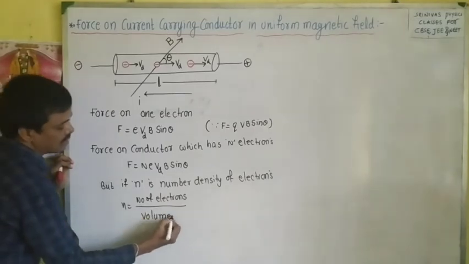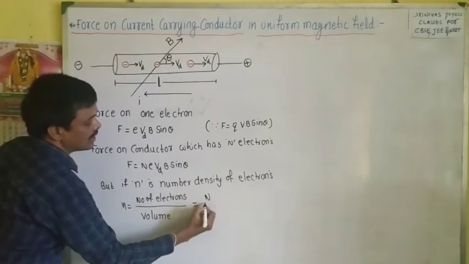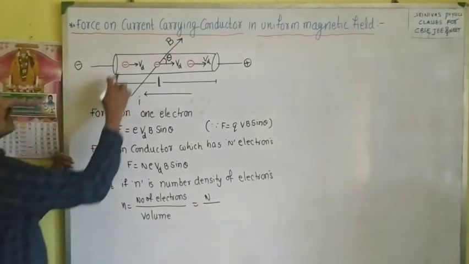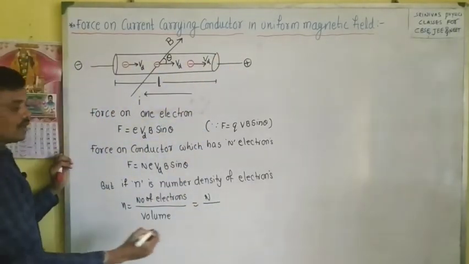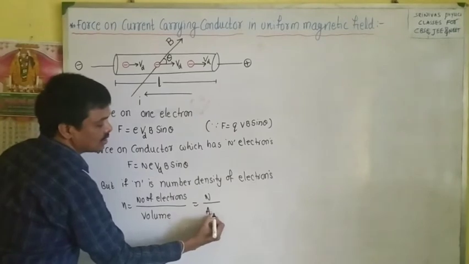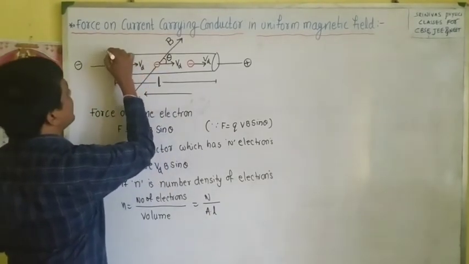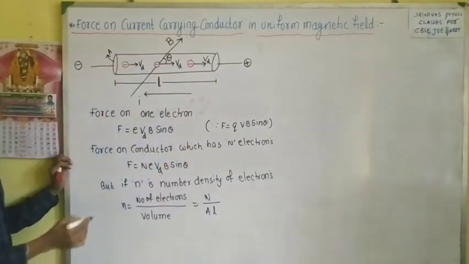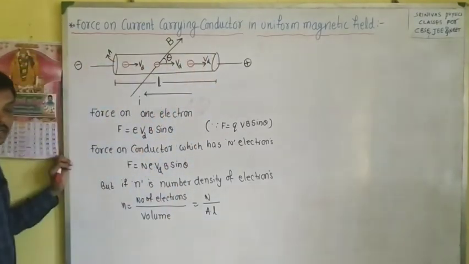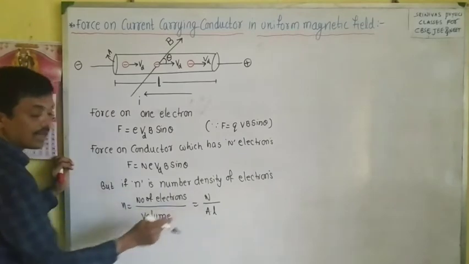The number of electrons is capital N. Volume of the conductor we write as cross section into length. The area of cross section of the wire we consider as capital A, and the length of the wire is L. Then, since the wire is in the shape of a cylinder, we write n equals N by AL.